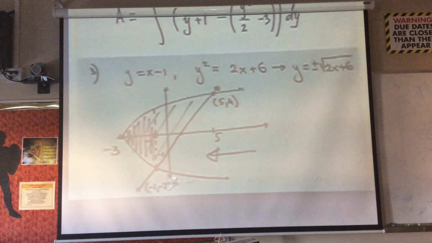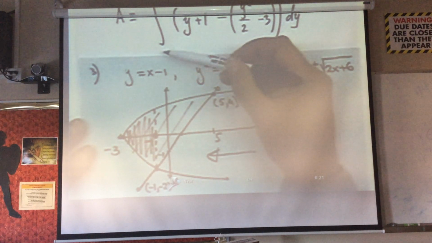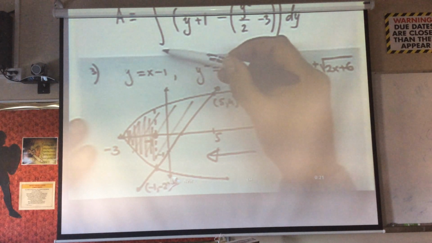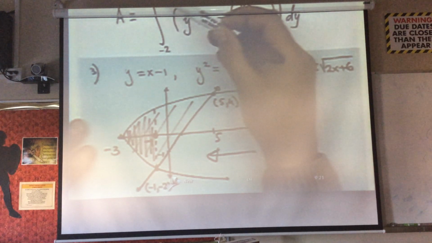The question is, what are my upper and lower limits? We're talking about x's or y's, so it would be 4 and negative 2.